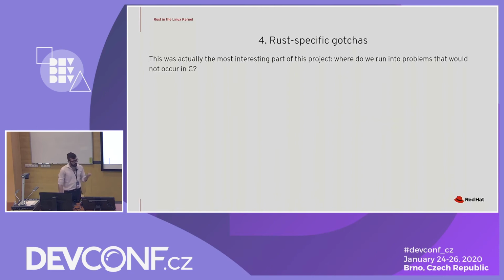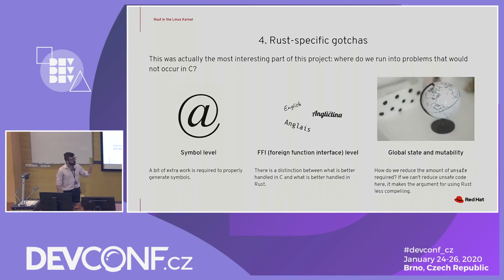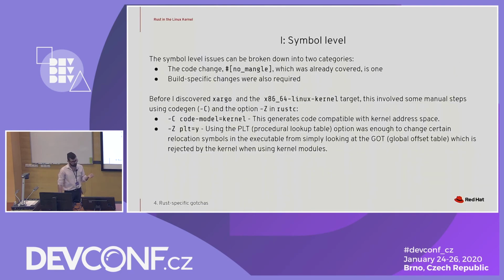So now we're going to talk about some Rust-specific gotchas. So this is really defined in kind of three different levels. So we're going to have the symbol level, we'll have the foreign function interface level, and then we'll have global state immutability. So at the symbol level, we've already kind of touched on no mangle, so I'm not going to go over that again, but we also need some build-specific changes.